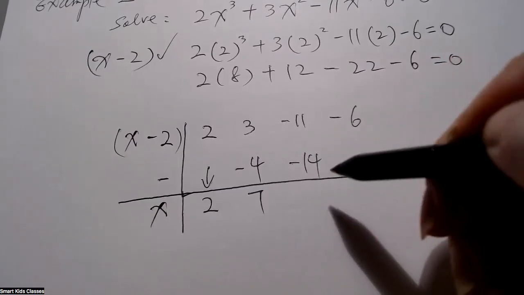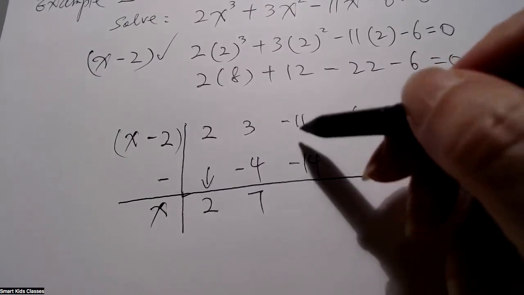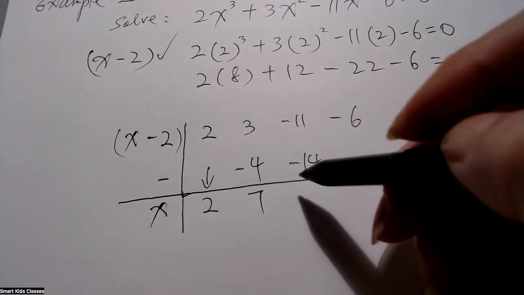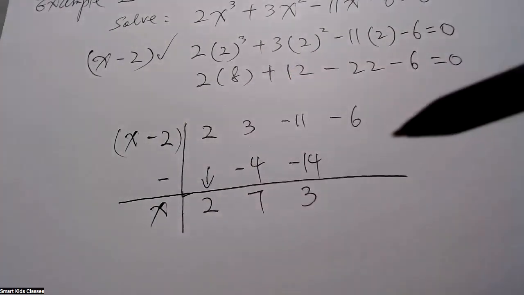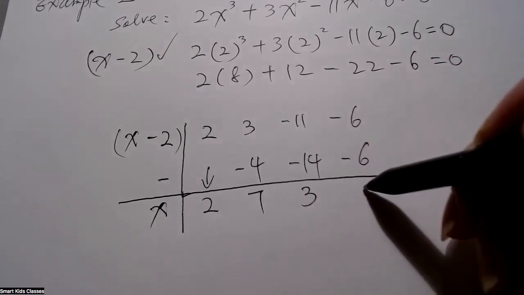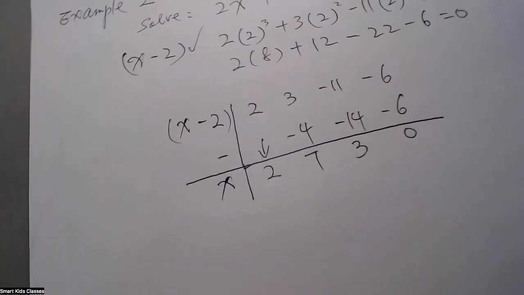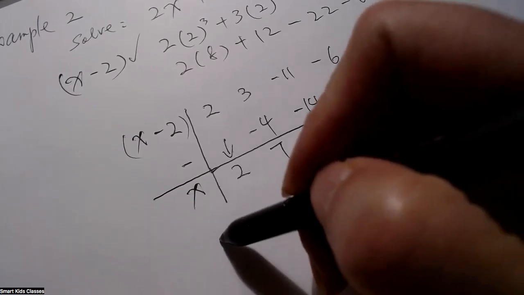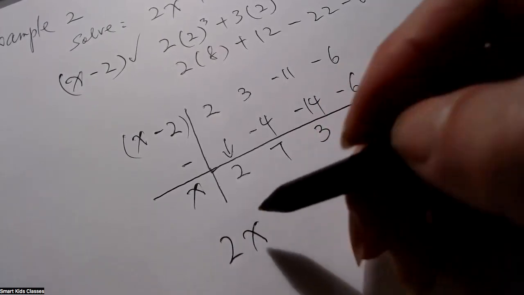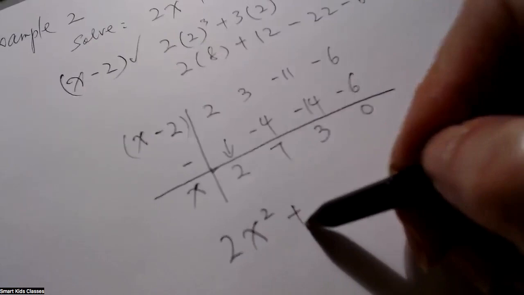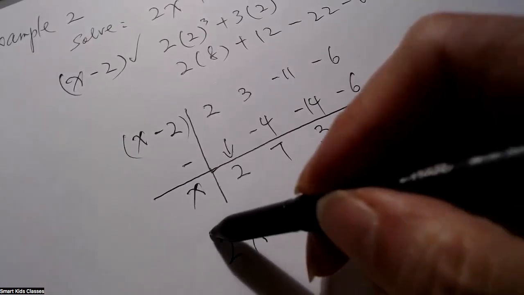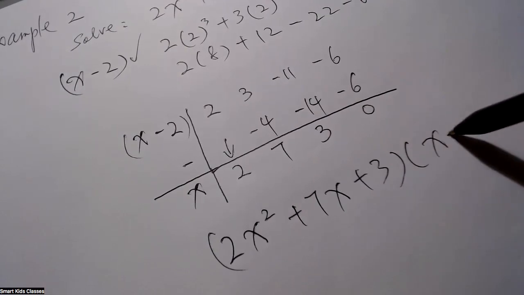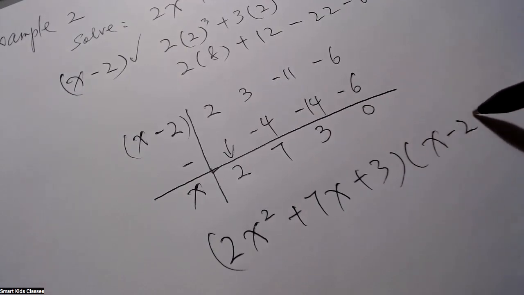Then 2 times 7 is 14, and we get 3. And 2 times 3 is 6, so we get this 0. Now we're going to write the answer. It will be 2x exponent 2 plus 7x plus 3, times x minus 2.